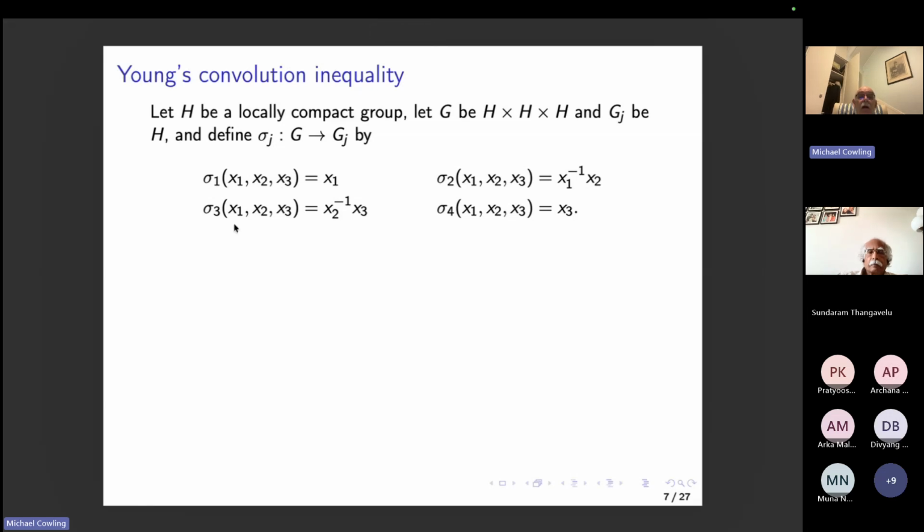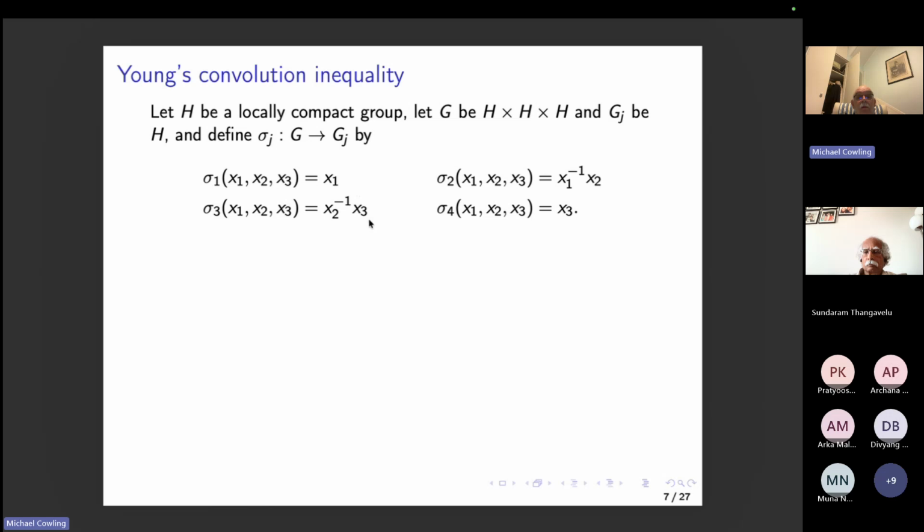So if I take a locally compact group, I think I'd like it to be unimodular just to be safe, and let G be a product of 3 copies of this group, and let G_j just be 1 copy of the group, and then I define mappings sigma_j from 3 copies of the group to 1 copy of the group.